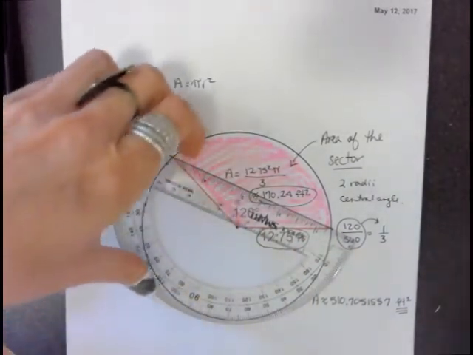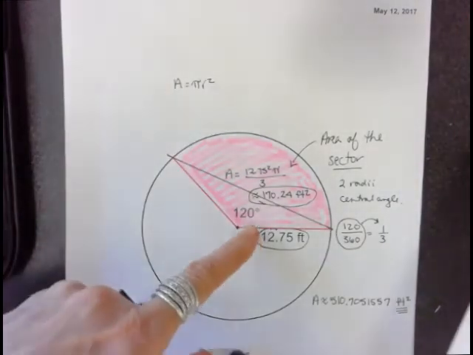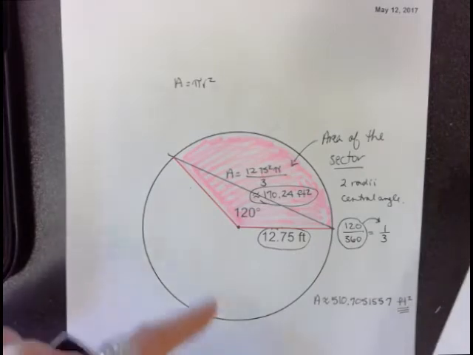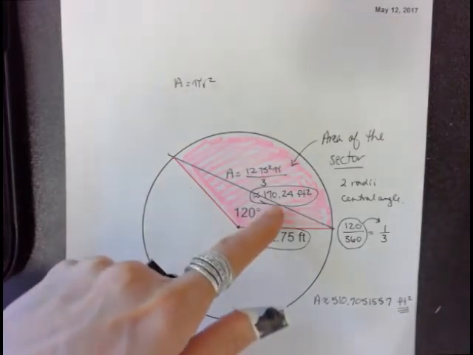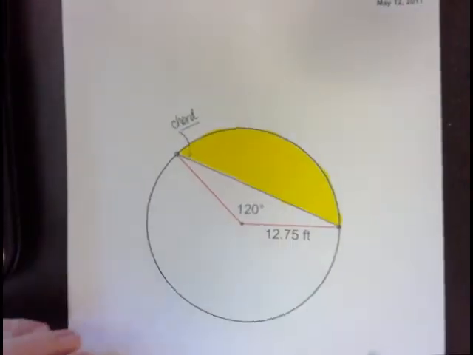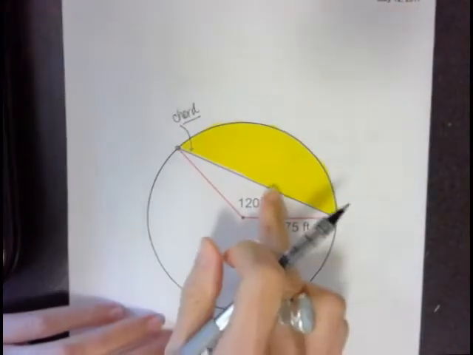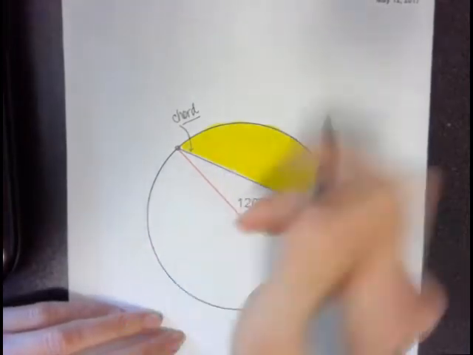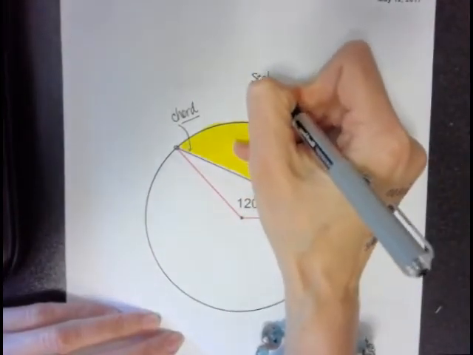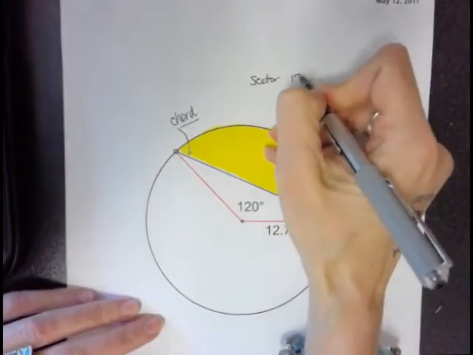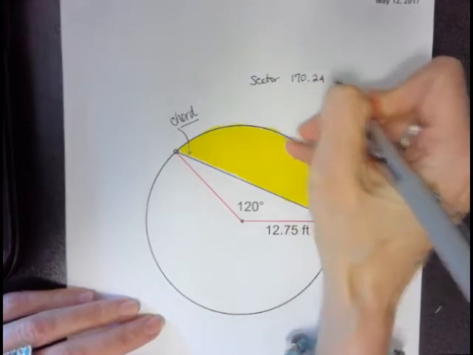So the cool thing is we already know what the area of the sector is. The area of the sector is 170.24 square feet. So I'm going to bring that up here, and I'm going to write that if this whole thing was filled up, this entire sector was filled up, I know again that my area is 170.24 square feet.